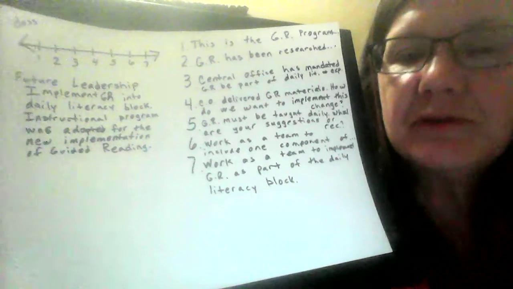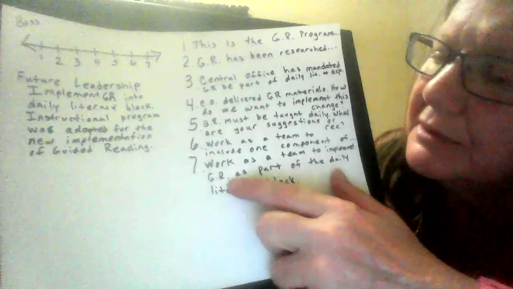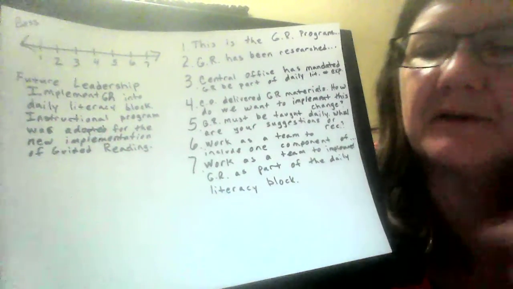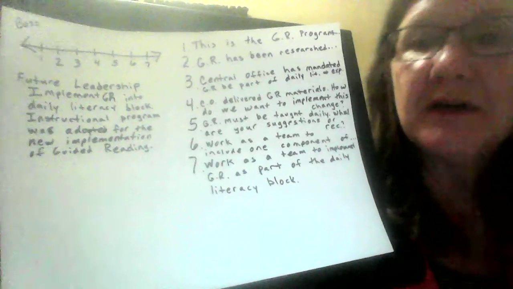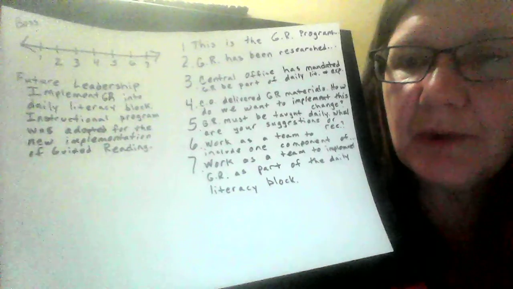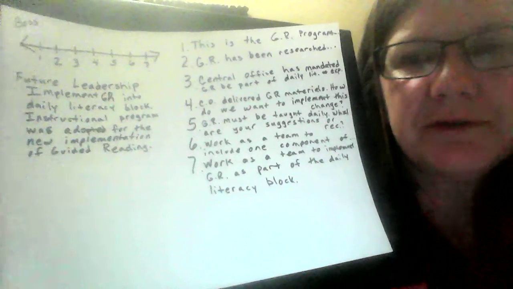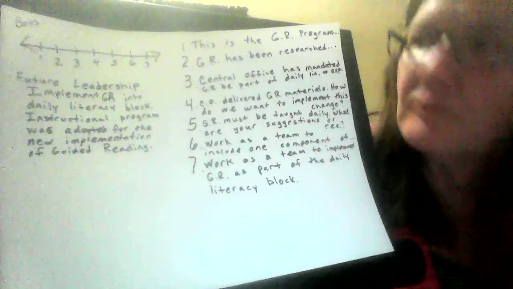Work as a team to implement guided reading as part of your daily literacy block. So that was a bit of an eye-opener for me when I implemented my future, what I think will happen in the future.